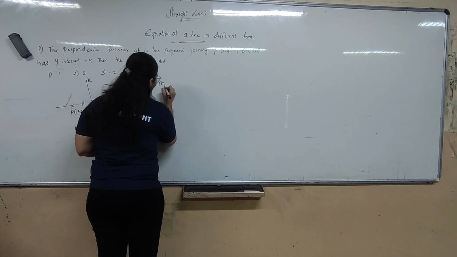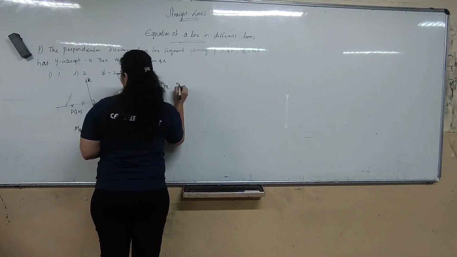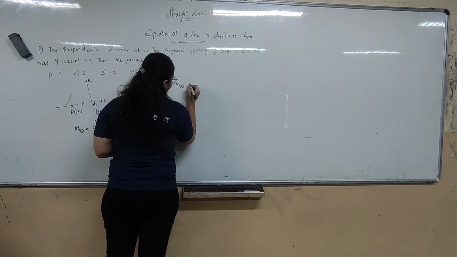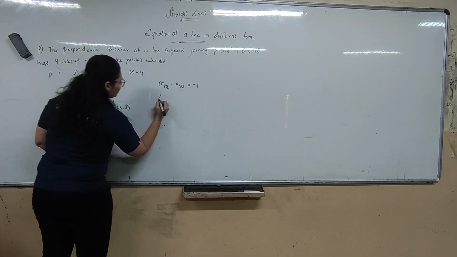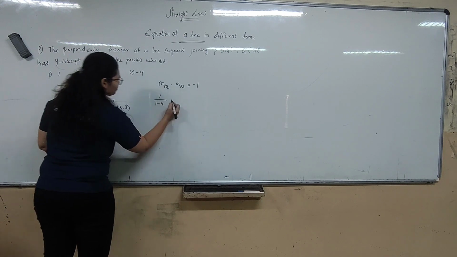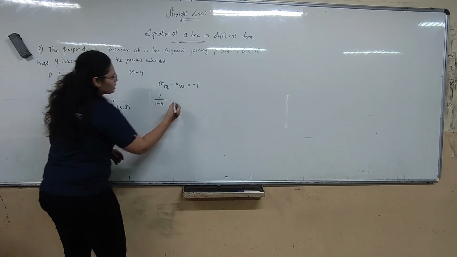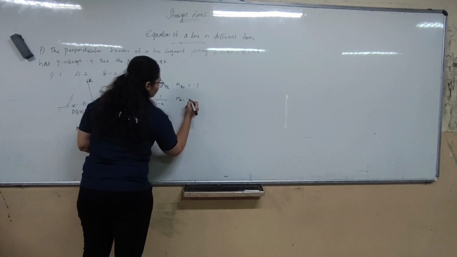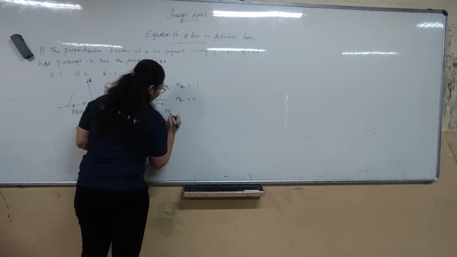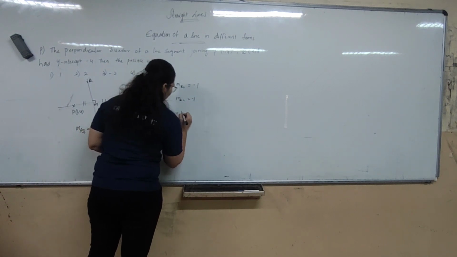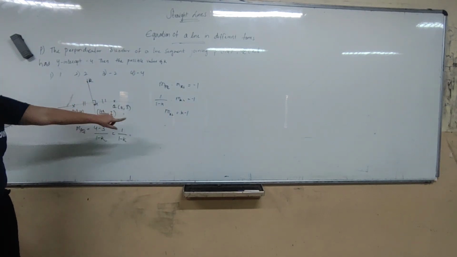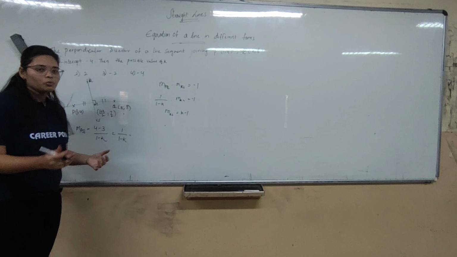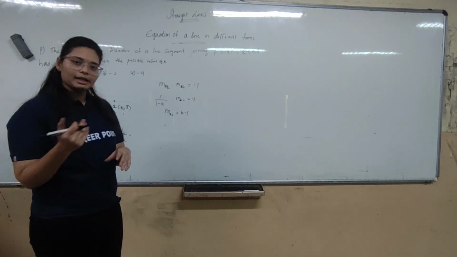So, m of PQ into m equals minus 1. With m of PQ being 1 by (1 minus k), m equals k minus 1. So, now for the bisector I have the slope and 1 point, so we can write its line equation.